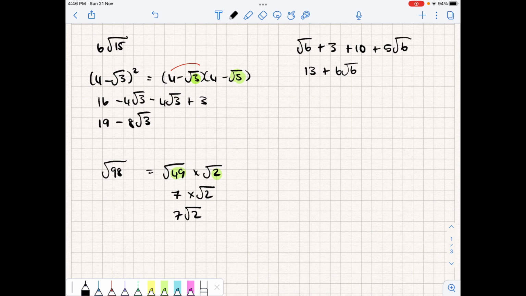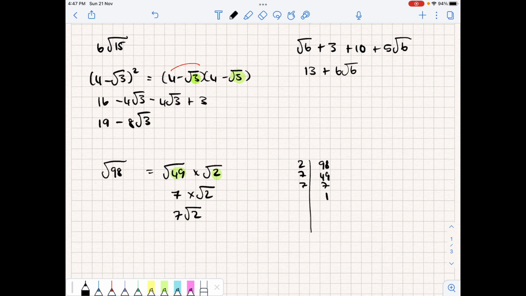Now, the way you would have done this at IGCSE, we would have expressed this as prime factors. So we would have started with 98, we would have divided by 2. And we would have got 49, and the next lowest prime number that can go into 49 is 7. That would have given us 7, and finally 1.